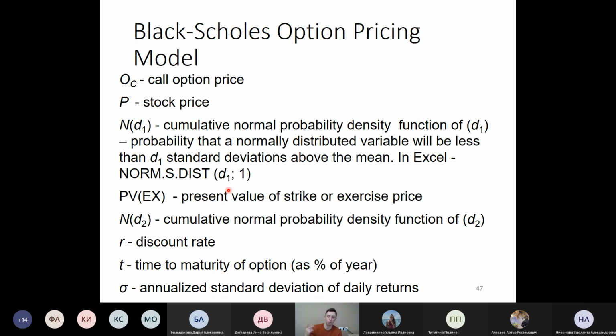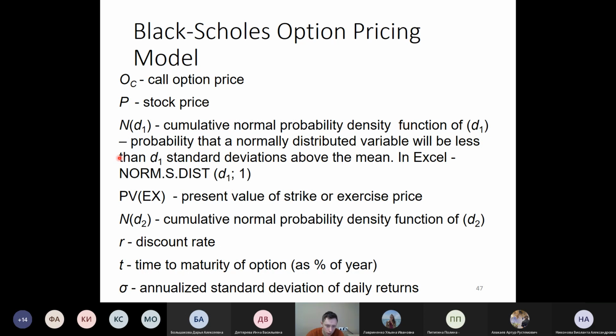By example, it's quite reasonable to understand. So we have some estimation here, and we first estimate this D1 and D2, then we would go to Excel in order to estimate this normal probability density function, and then we multiply it by the expected share price and the exercise price.